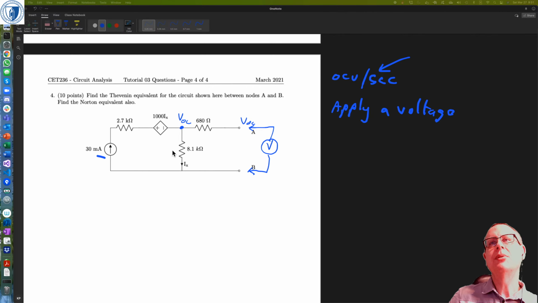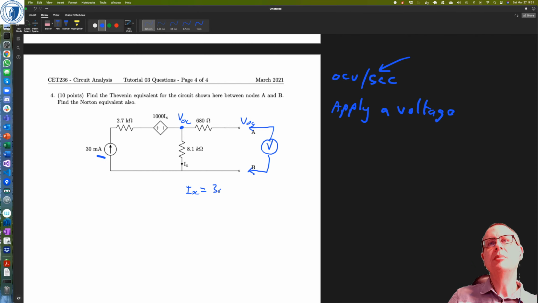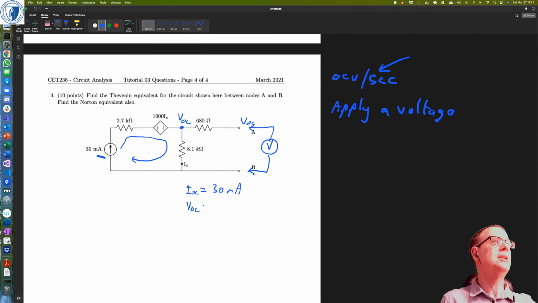Because this is a current source and there's no current flowing through here, we know that Ix for this first open circuit version is equal to 30 milliamps, right? Because we've got 30 milliamps flowing there and it doesn't go anywhere else. And that means it's pretty straightforward to figure out what VOC is, because we know the current flowing through it, we know the resistance, so we just apply Ohm's law.